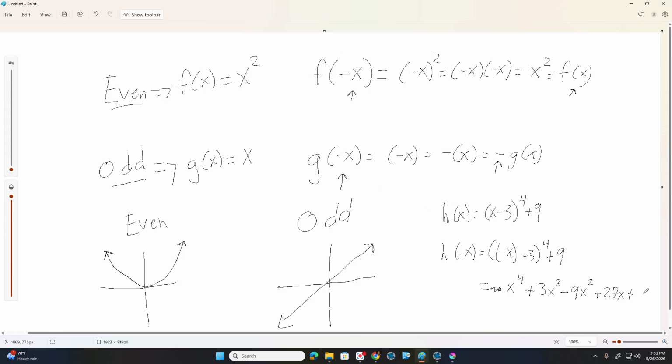And this is something that happens a lot. Oh no, I don't want to keep multiplying this out and then subtracting the 9.